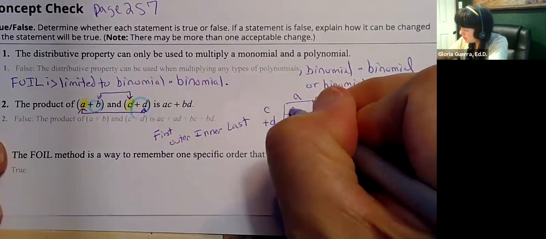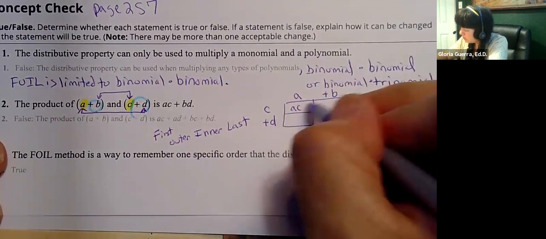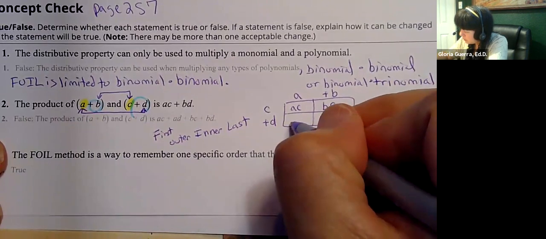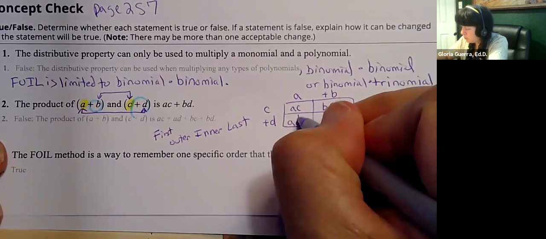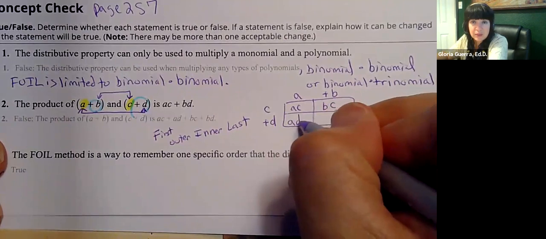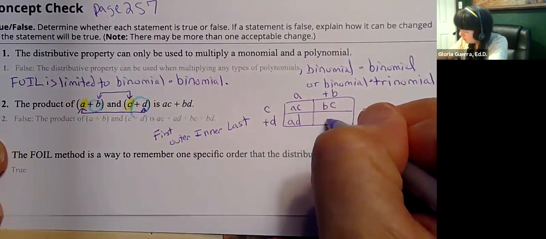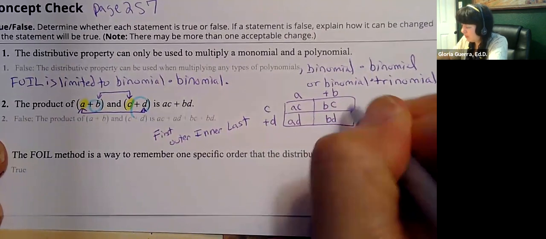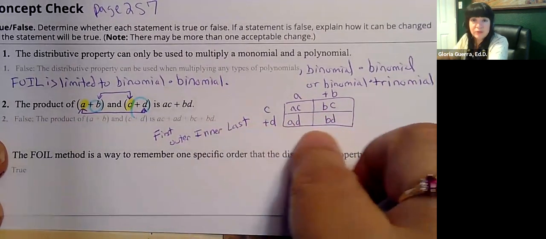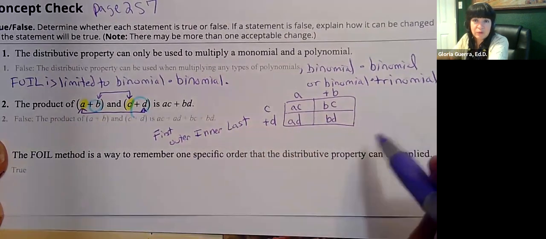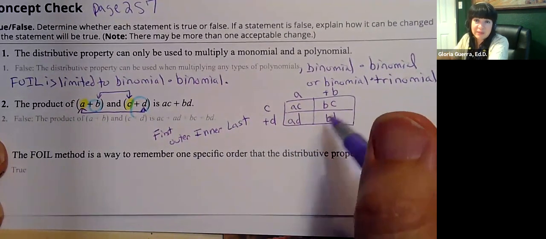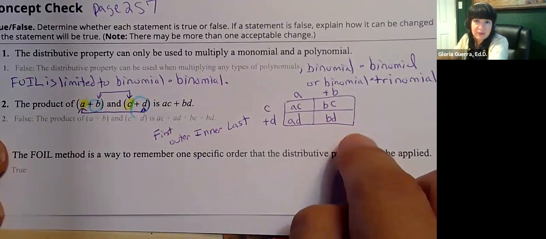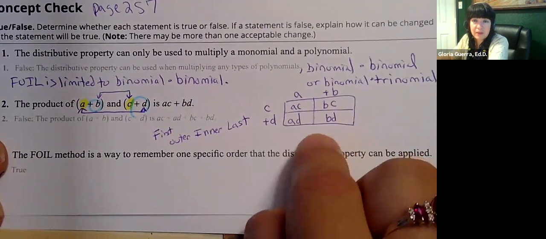See, A times C, and then B times C, and then A times D, or you could say DA, and then D times B, or if I put it like them, B times D. But really these are commutative, right? But that's kind of where they're getting that from. So AD is the same as DA, right? BD is the same as DB, but that's the idea, okay?